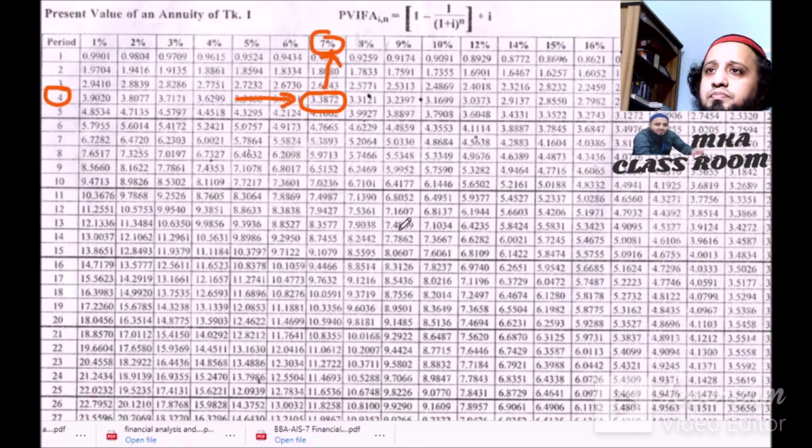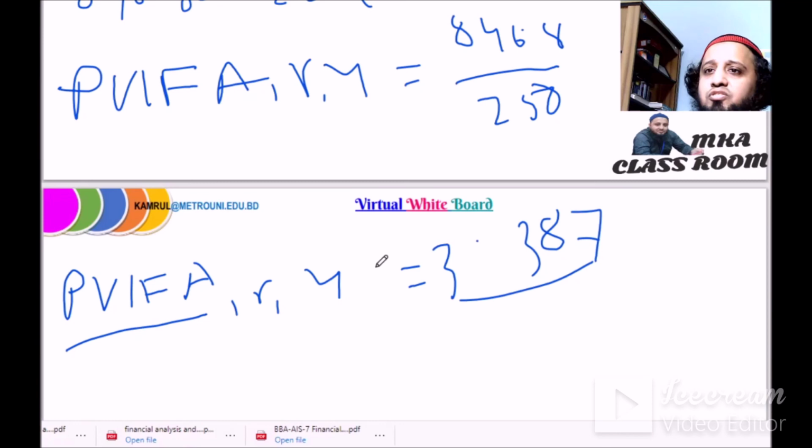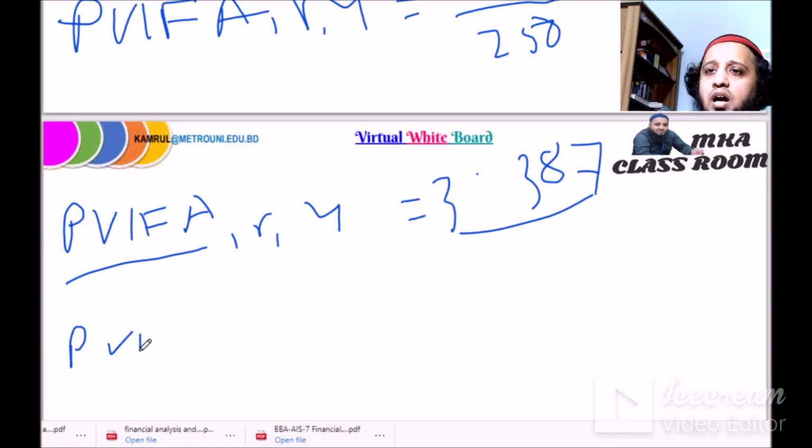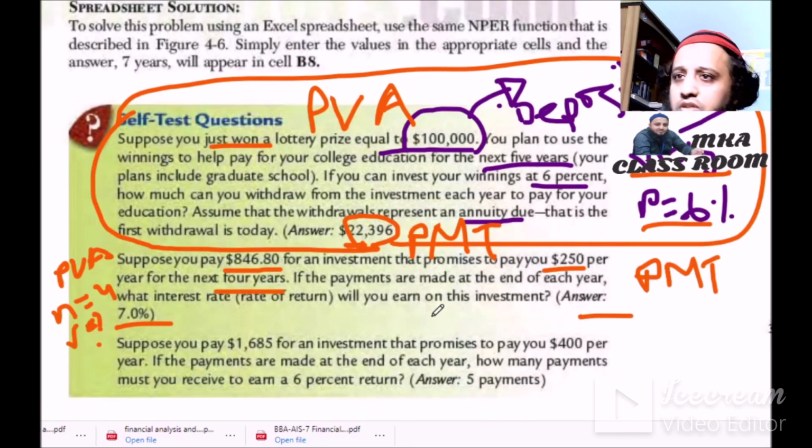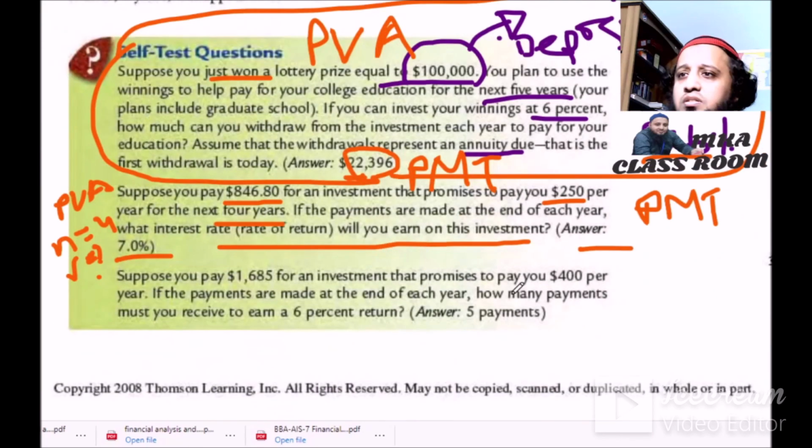So it is clear that PVIFA 7% 4-year has this value 3.387. So our required interest rate is 7%. So what rate of interest will we earn from your investment? That is 7%.